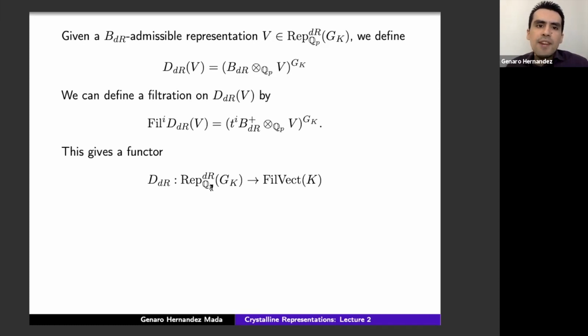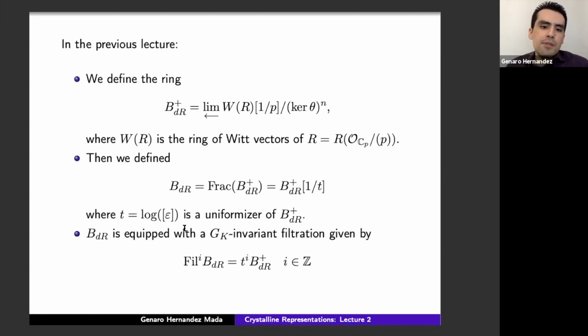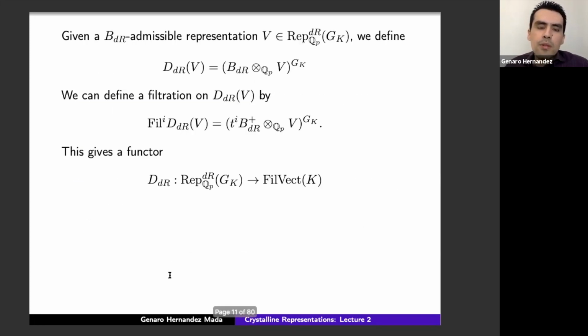The thing is that we can define a filtration in this Dieudonné module by using the filtration that we already have in B_dR, that we defined right here. So basically what we are saying is that the filtration in B_dR induces a filtration in the associated Dieudonné module.